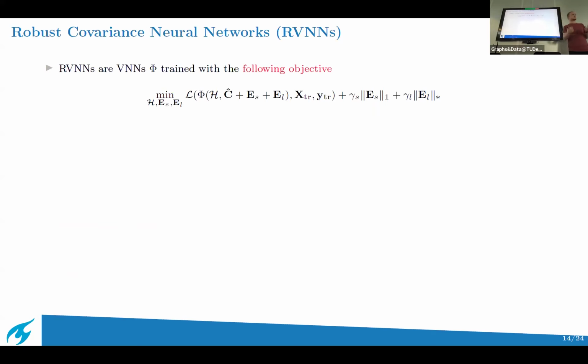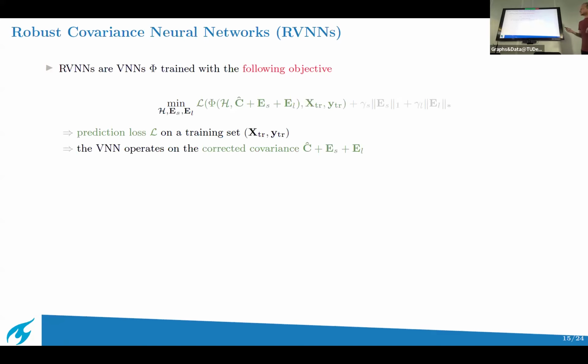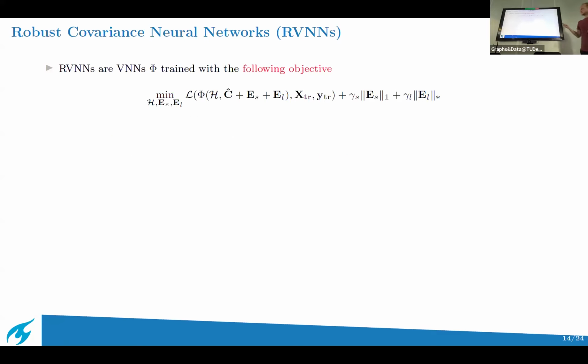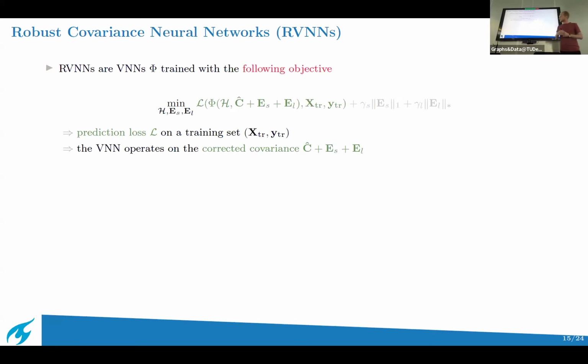So VNN allows us to have the flexible processing of covariance information, and to correct for these outliers, we change the training objective of VNNs to the following. We have a term of the final downstream loss that depends on a task. We have a training dataset with observations X and labels Y, which can be, for example, the age of a patient, or the action that a person is performing. But instead of feeding the model with just the sample covariance matrix, we feed it with all of this, right?